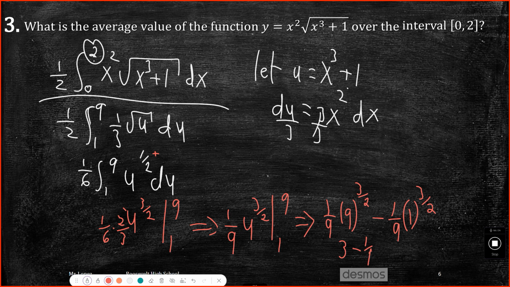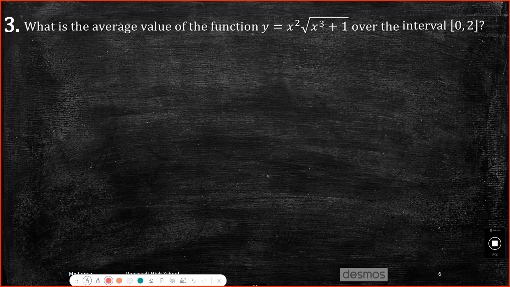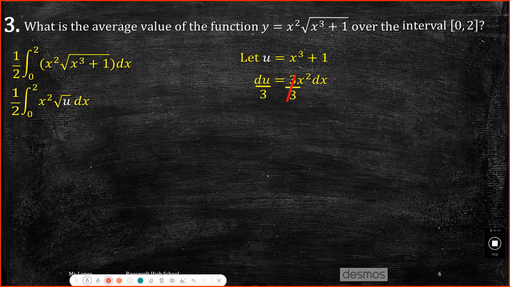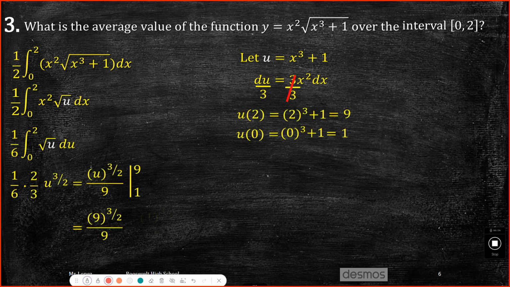Yes or no? I think this is the way to do it. If you are going to go into the u world, make sure you change the bounds. Never go back to the x world. It's way more complicated the other way. Whatever I have here, I did change the bounds on this one. 26/9.